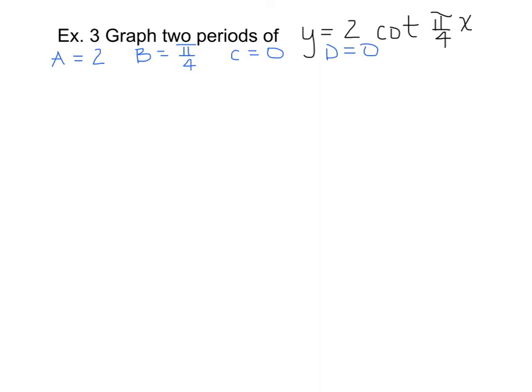Remember, we have to look at where cotangent is undefined, which is at 0 and pi. And then we take our bx, so remember b was pi over 4, x minus c, but c is 0, so you don't have to write that. So it's always bx minus c.